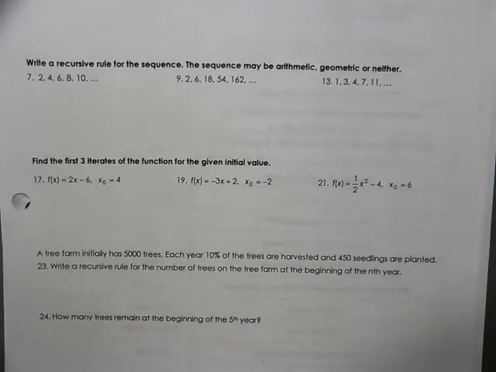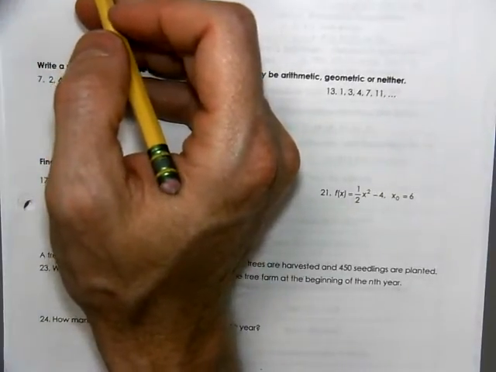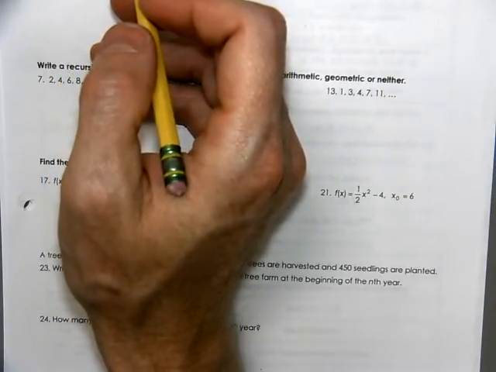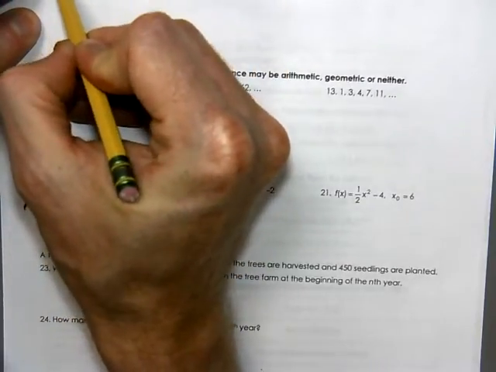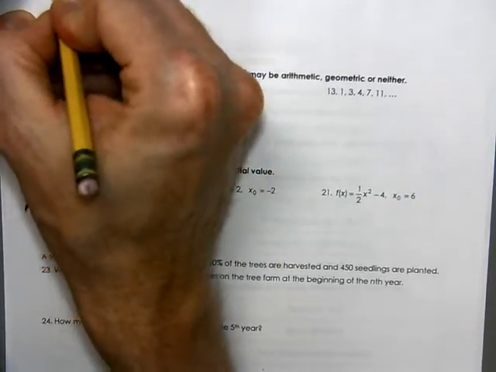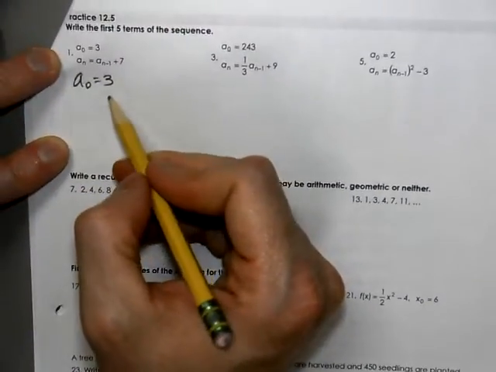For 12.5, we're supposed to find the 5 terms of our sequence. So our 0 term is 3. So a of 0 equals 3. That gives us a starting point.